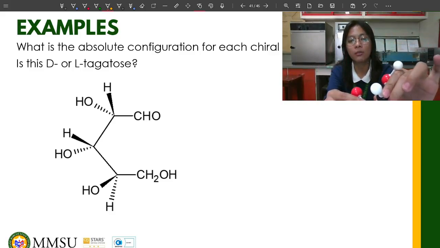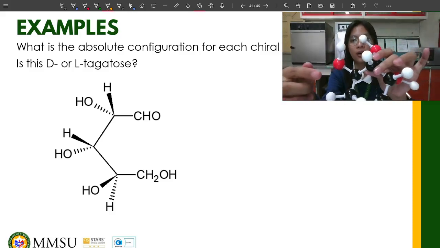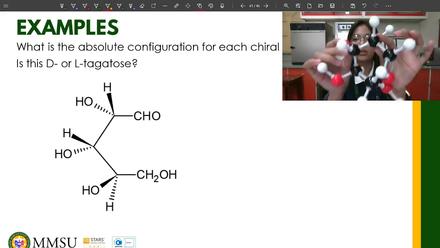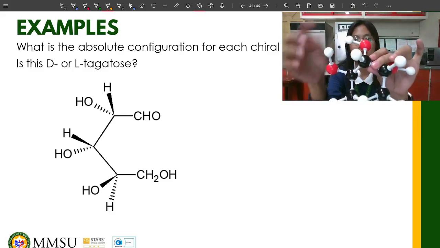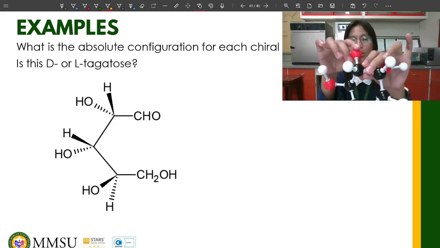And then for the third carbon, the oxygen is also in front. This is the second carbon, and this is the third carbon, where the OH is at the back.